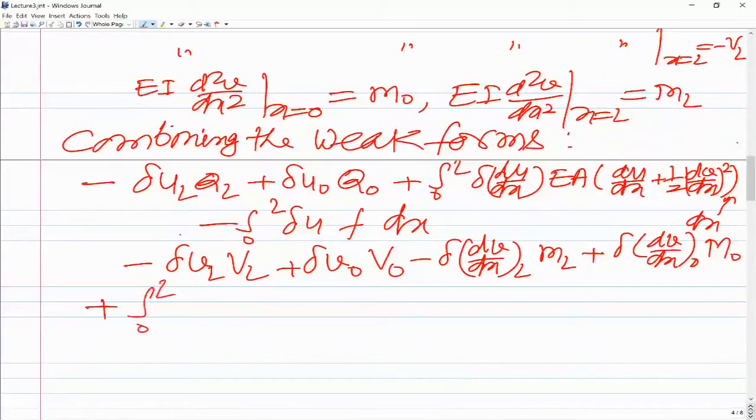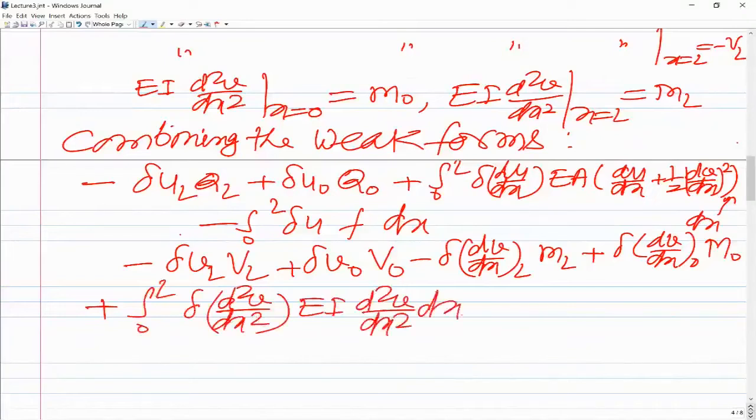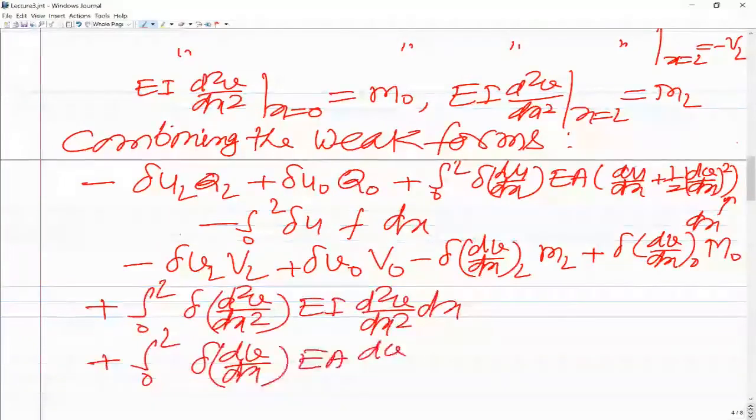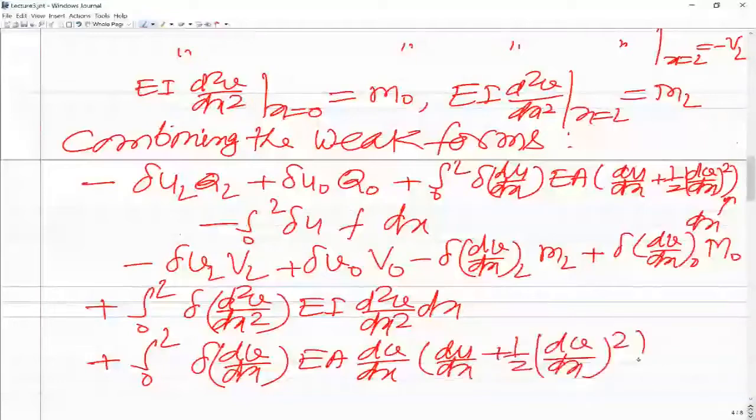So we will have integral 0 to L delta of d2v by dx square, and then EI into d2v by dx square dx, and then we have this plus integration 0 to L delta of dv by dx, and then we have EA into dv by dx into du by dx plus half of dv by dx whole square dx.